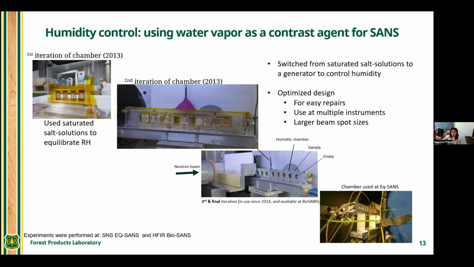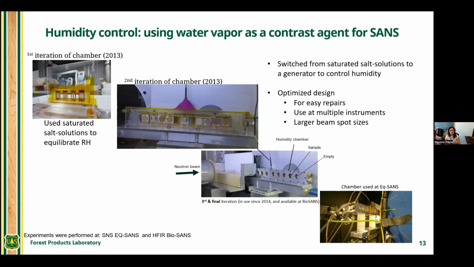We wanted to measure things that were equilibrated. But we also encountered some issues related to the sample changes. Since we needed to open the chamber to change our saturated salt solutions, that proved a little bit more time consuming than we anticipated.